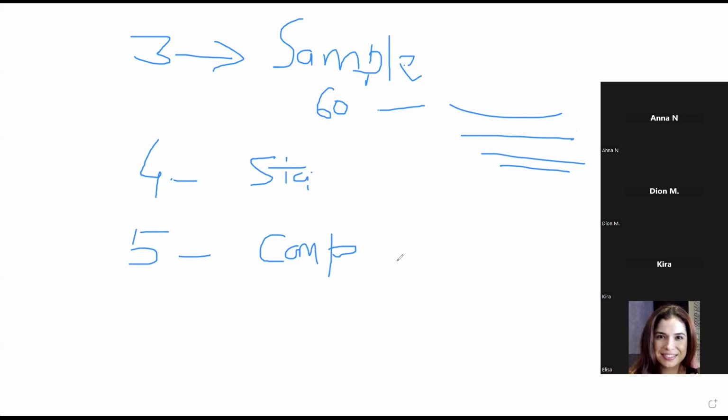Sixth step, accept or reject your null hypothesis. And seventh, make your decision. Okay, you are correct or I am correct.